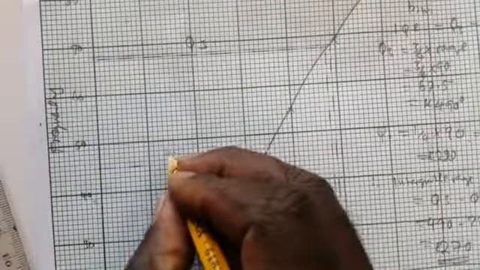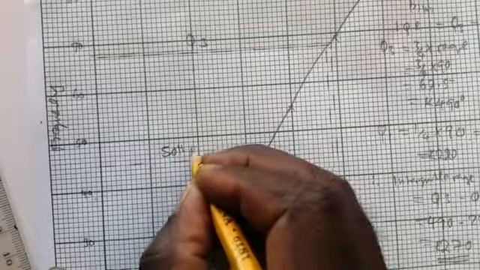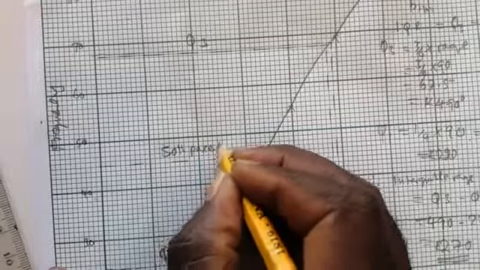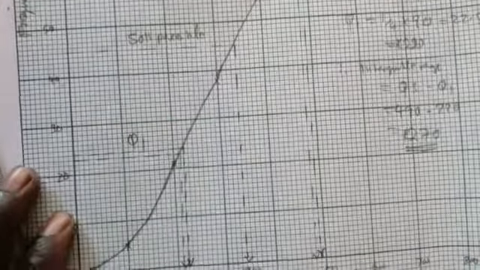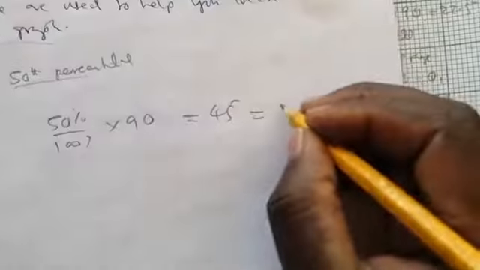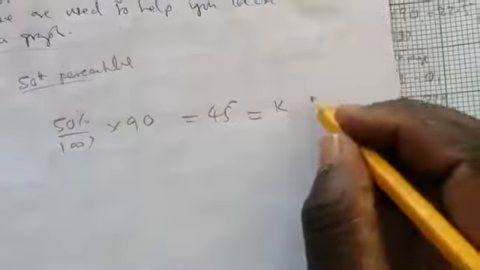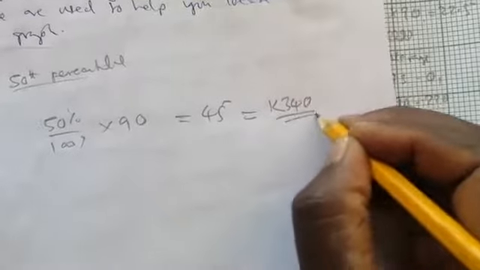So here you write 50th percentile. That is how you do it. You can go and finish up: you say the 50th percentile is 340 kwacha, like this.